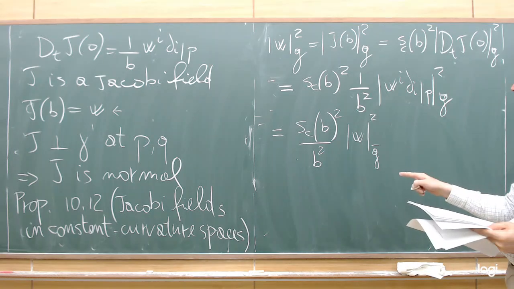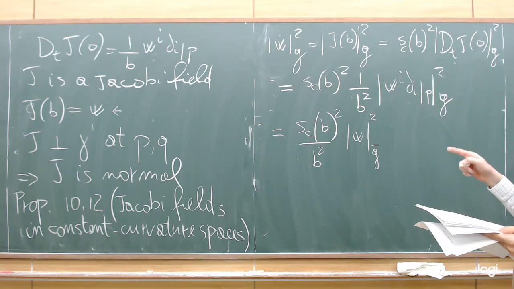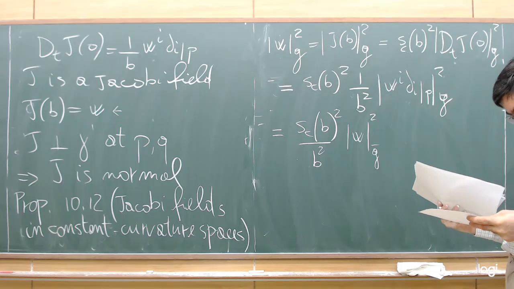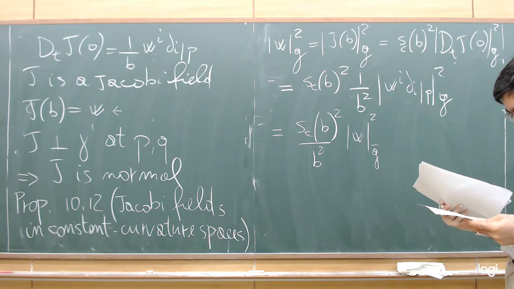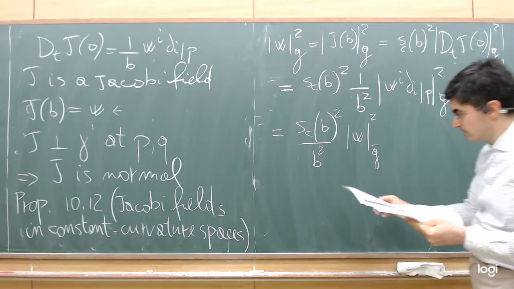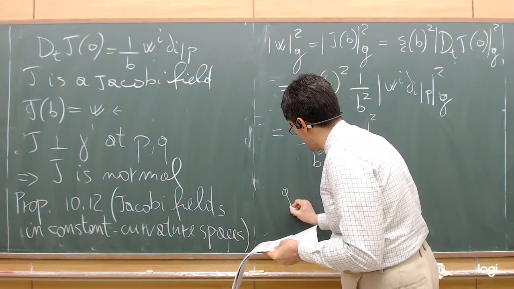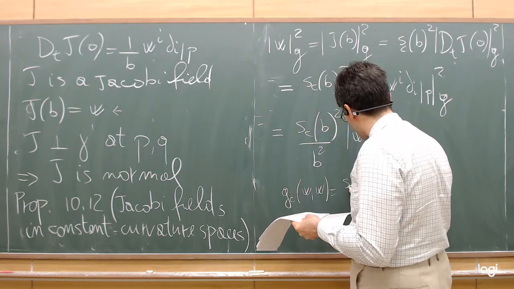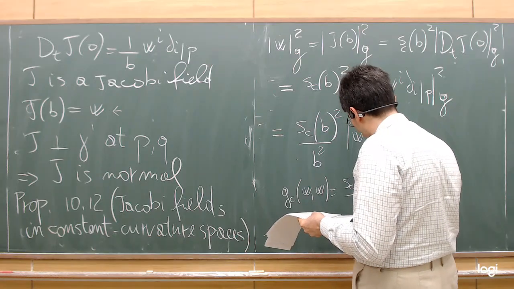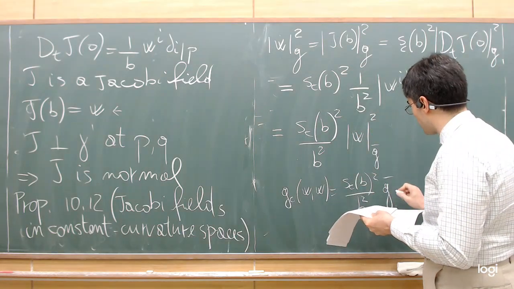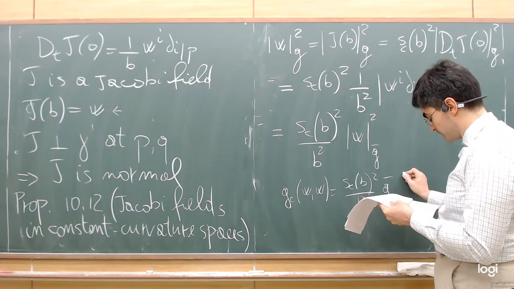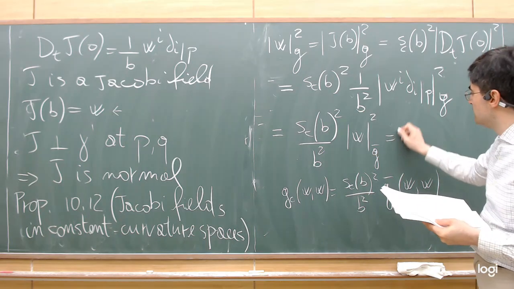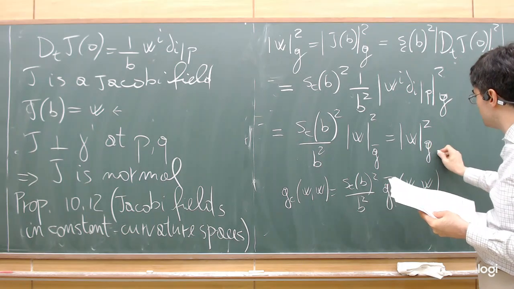And by the formula that we got by comparison of the metrics g, g_c, and g bar, I wrote before, g_c(W, W), I get that this is equal also to this.